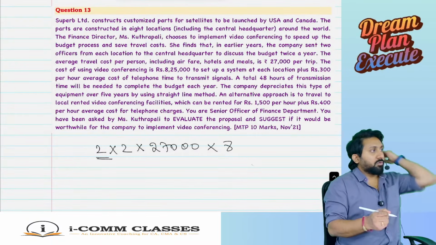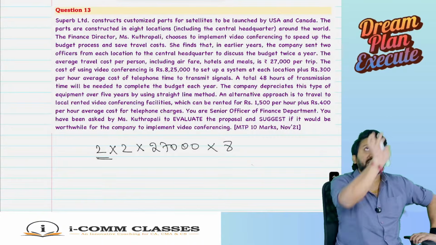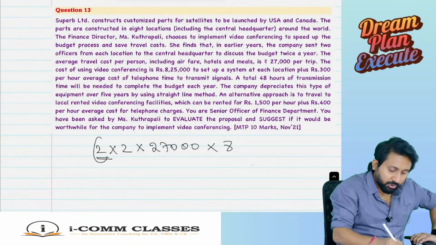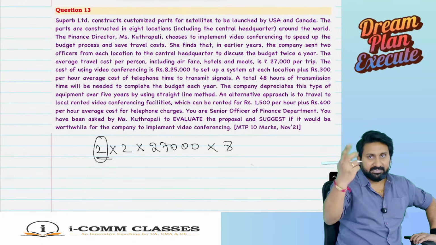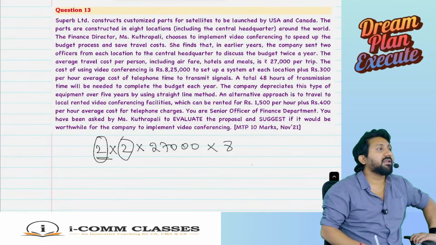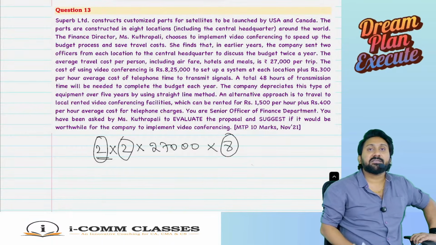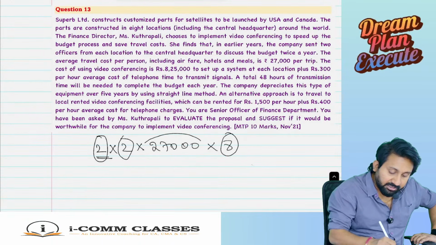Tell me, what is this 2? You are just seeing the screen. Tell me, what is this 2? 2 persons. 2 persons will go out how many times in a year? 2 times. Next, how many locations? What is the cost for each trip?